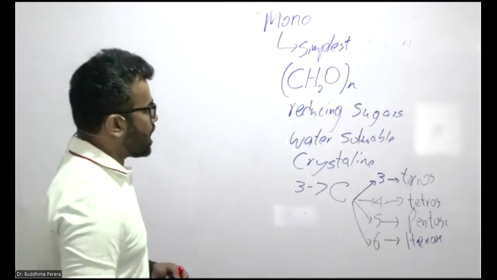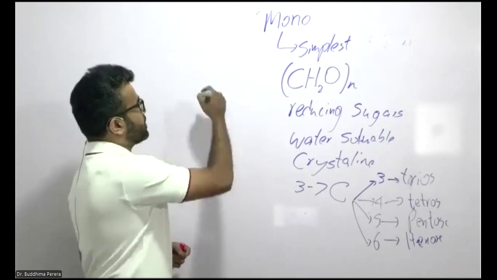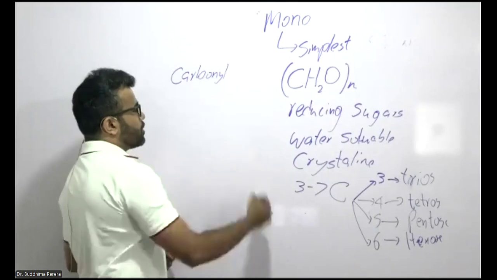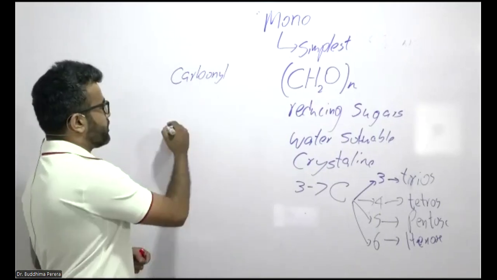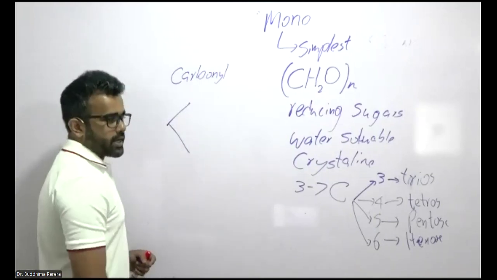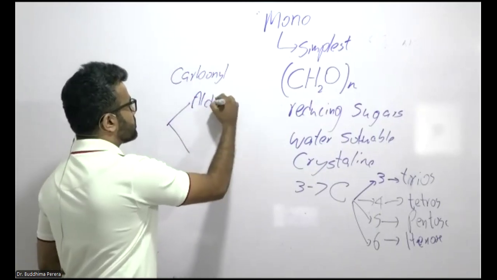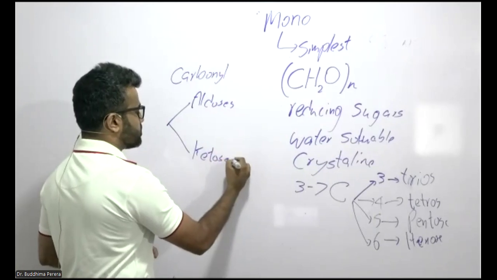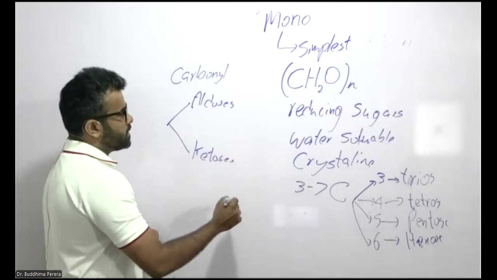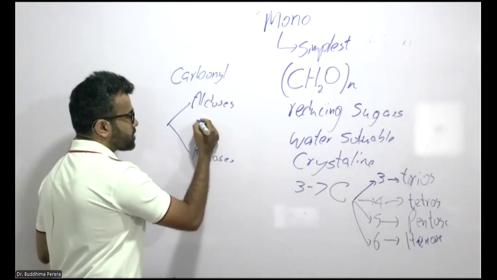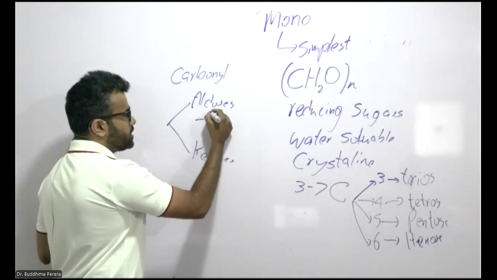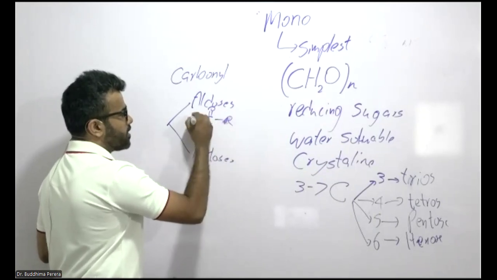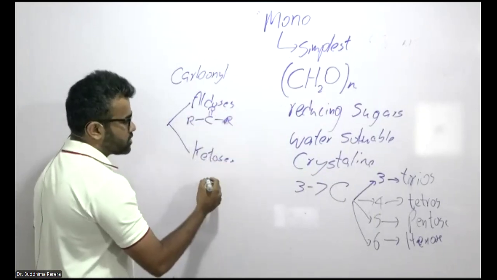Then according to carbonyl group, there are 2 types. According to carbonyl group, there are 2 types of monosaccharides: aldoses and ketoses. Aldoses means it contains CO here. This format is aldose. Ketose, there's.